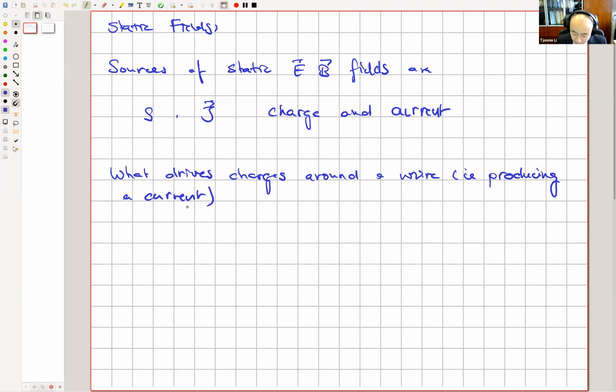In the old days, the concept started around the so-called electromotive force, which technically is not actually a force, but okay, we'll call it a force, which is simply the integral of E dot dl. So this curly E is the so-called electromotive force, or simply EMF.